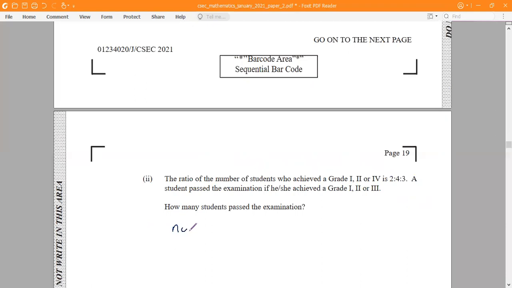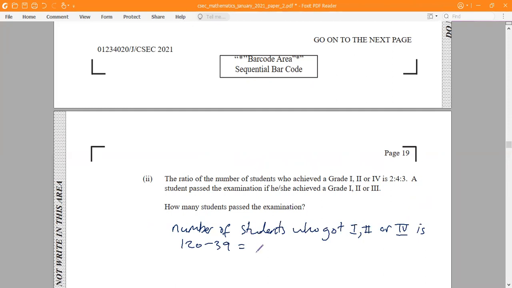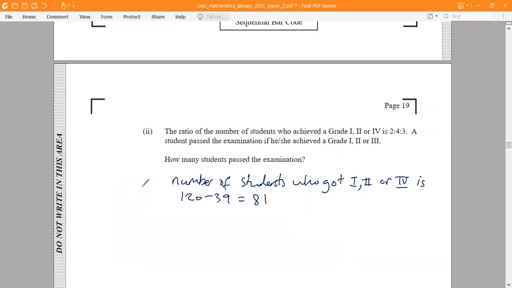So the number of students who got 1, 2, or 4 is 120 minus 39, which is 81. All right, so you have 81 students who got 1, 2, or 4.